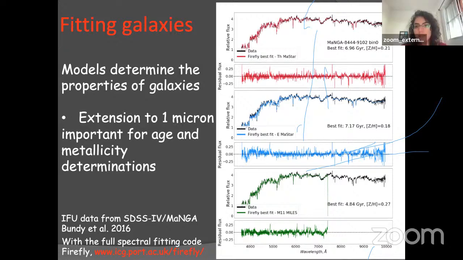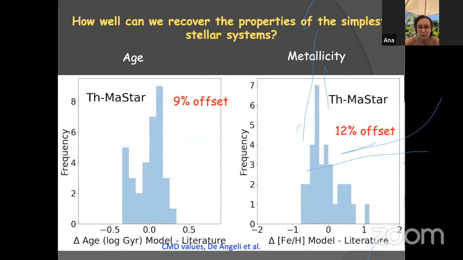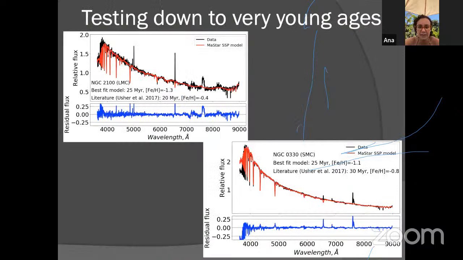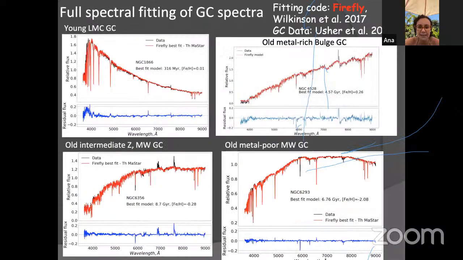Anna, do you have another question? Yes, I have one more. So Claudia, about the globular clusters, I think you showed only the optical, that you're using only optical data, right? For the galactic GCs.